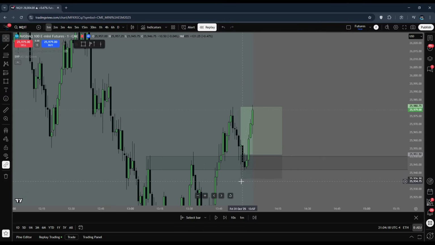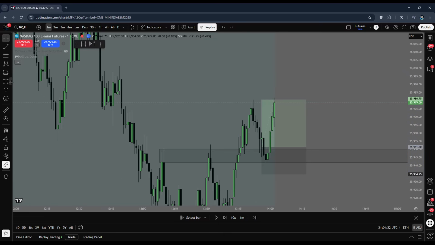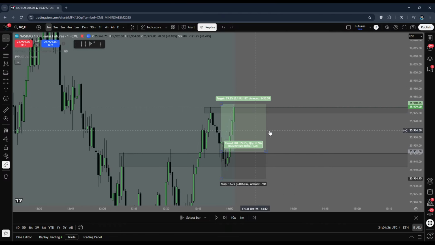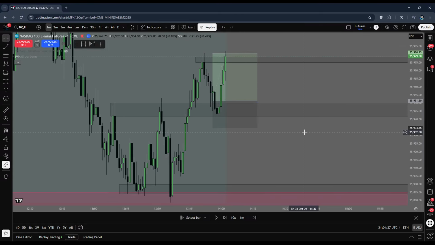This is pretty nice. I gave it a little bit more because I was experimenting right there. I like this. It'd be a pretty comfortable spot. If we go down here at that point, that's where your invalidation is. It doesn't matter if we wick back up. That's not holding support anymore. Invalidation would be around here, and then I'm giving a couple points of noise just in case the volatility does something.